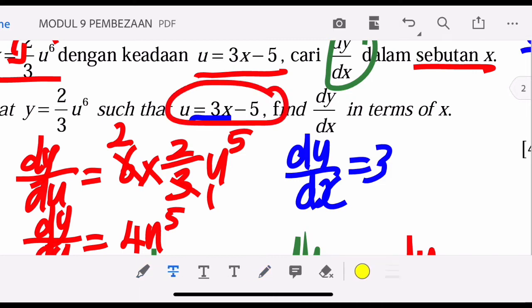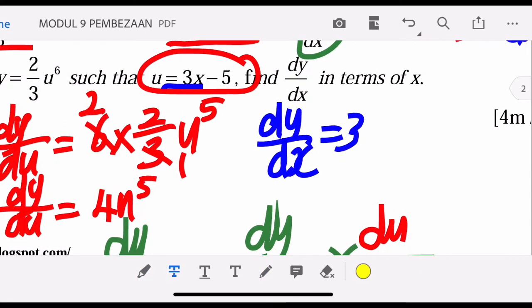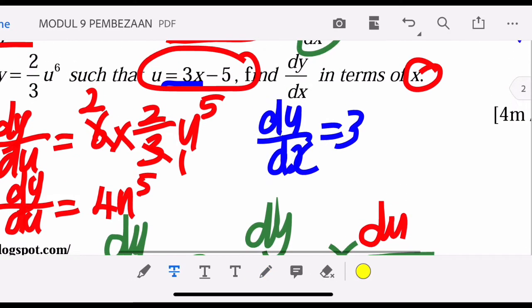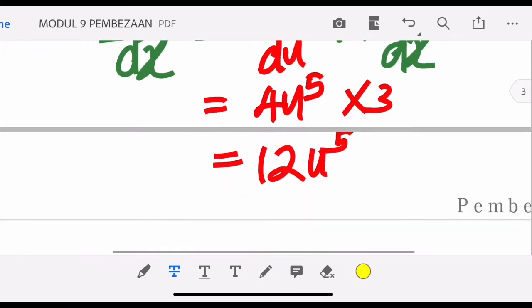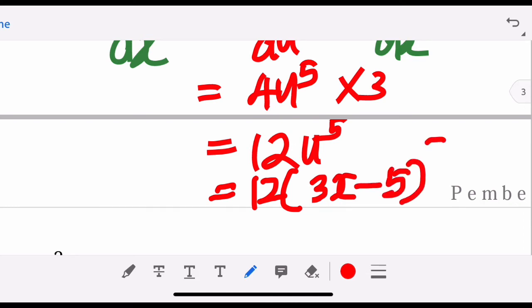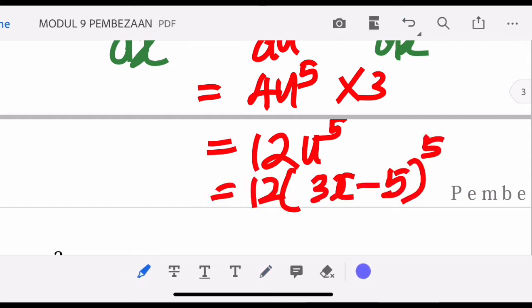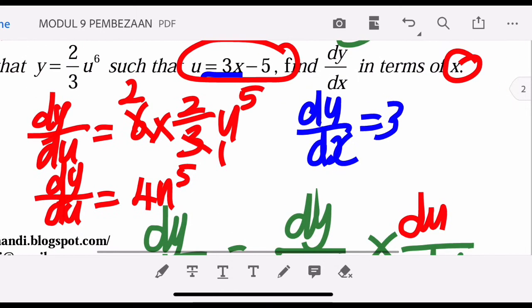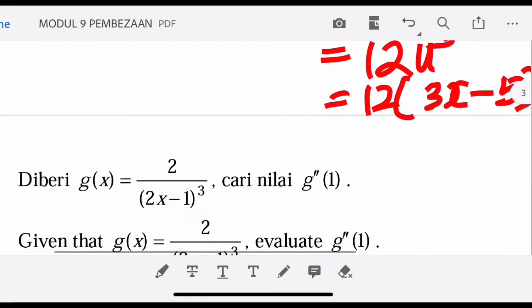Because the question says in terms of x, the question didn't ask for it in terms of u. So we will write 12 times, we will plug back (3x minus 5) to the power of 5. That is the power of 5. So this is the so-called chain rule.